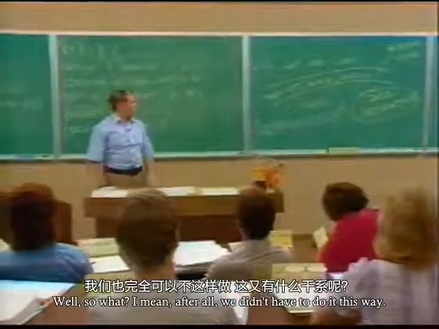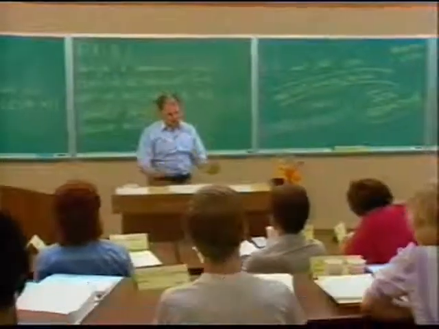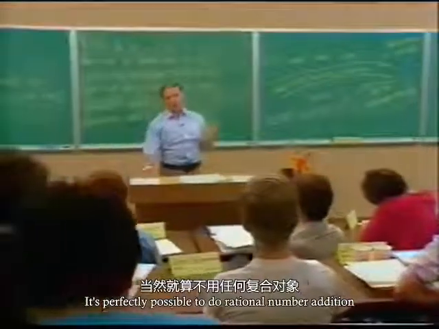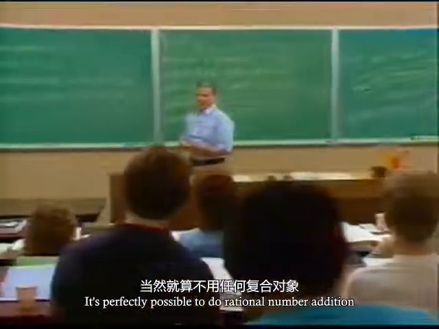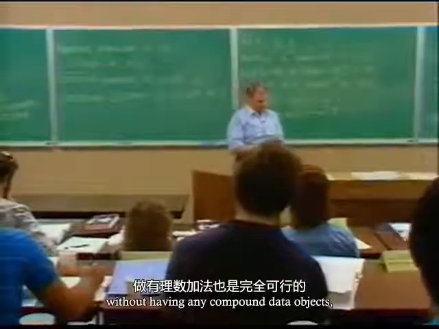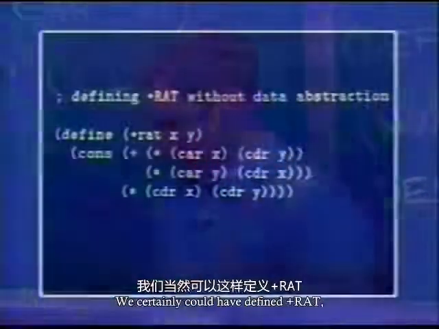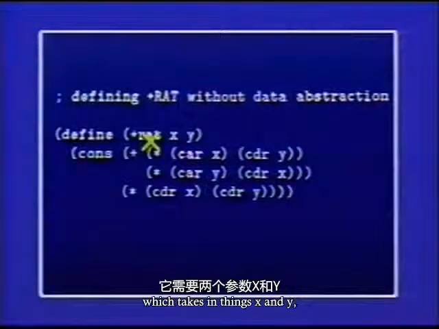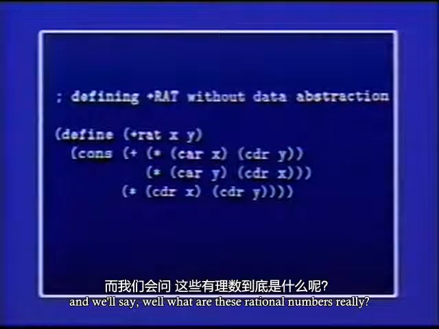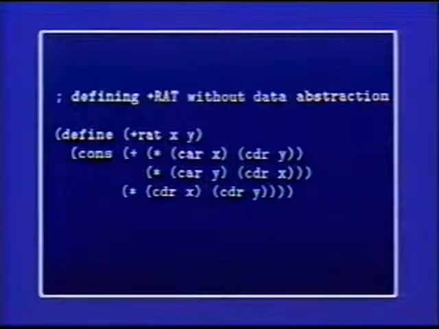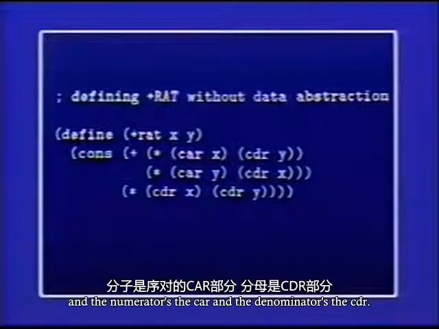Well, so what? I mean, after all, we didn't have to do it this way. It's perfectly possible to do rational number addition without having any compound data objects. And here on this slide is one example. We certainly could have defined plus-rat, which takes in x and y, and we'll say, well, what are these rational numbers really? Really they're just pairs, and the numerator is the car and the denominator is the cdr.